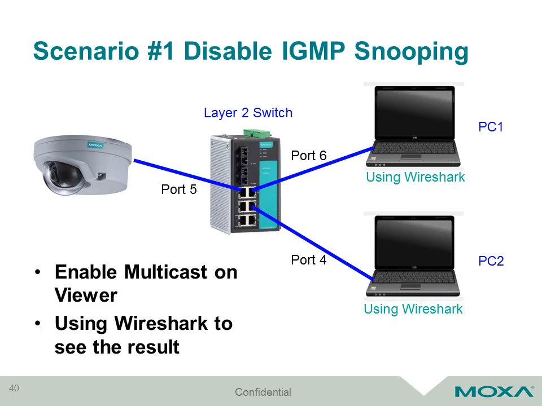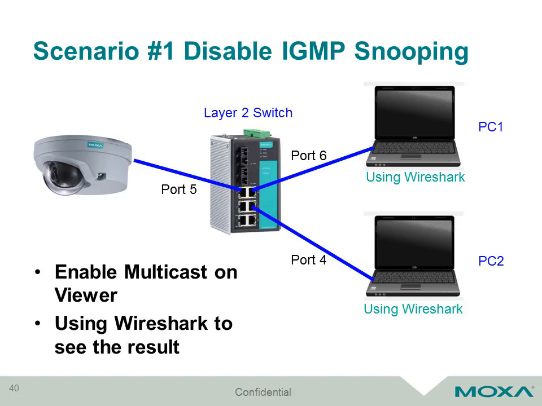Here is the first scenario. Disable IGMP snooping. The reason that we are doing this is to show you why you need IGMP snooping, which we mentioned when we were talking about it. Hope you still remember why you need IGMP snooping.